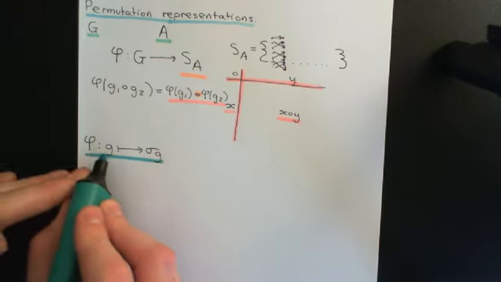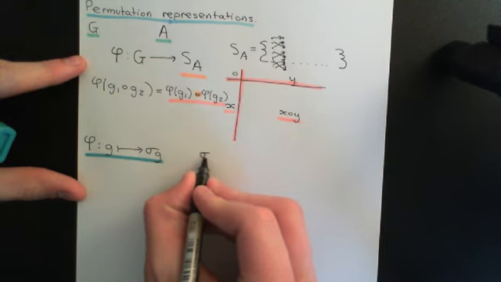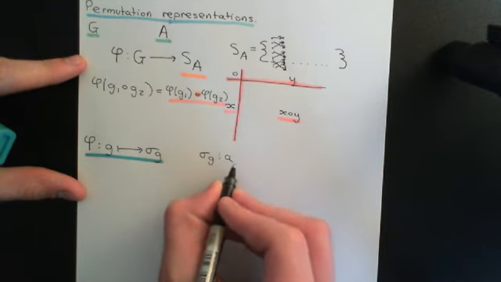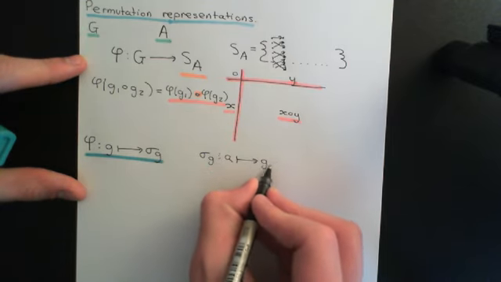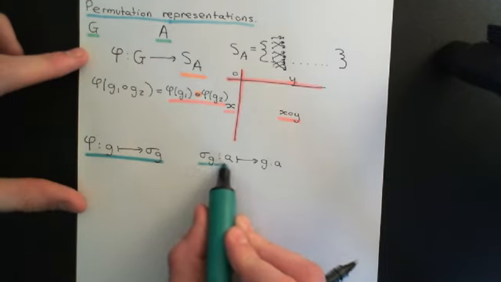It's going to take any element of the group onto this associated set permutation that we used the group action to define, basically. Okay, so I'll remind you that sigma little g was the mapping which sent any element of the set capital A, so any little a in capital A, onto little g dot little a, and we've already proven that that is indeed a set permutation.